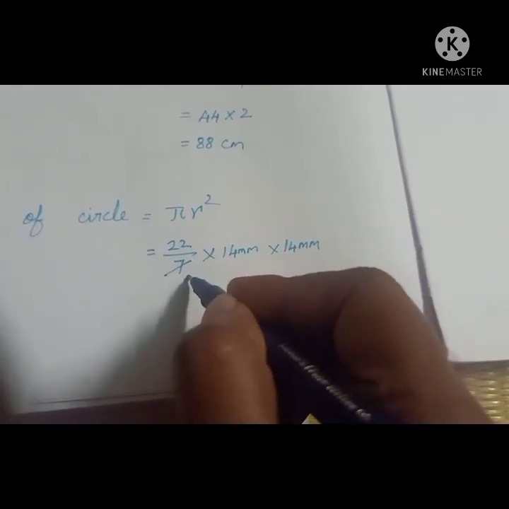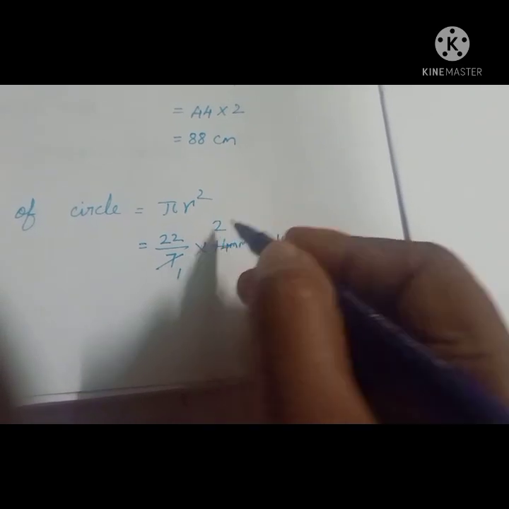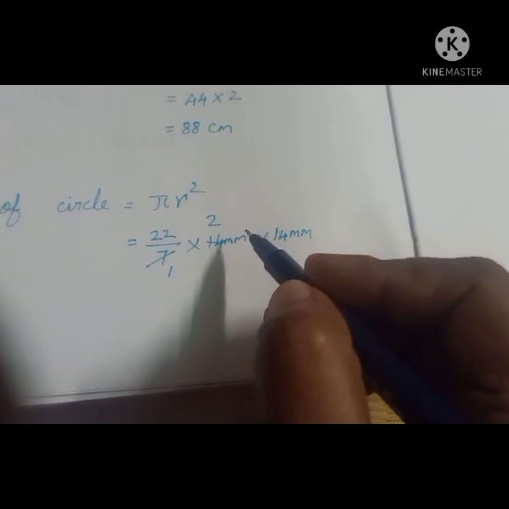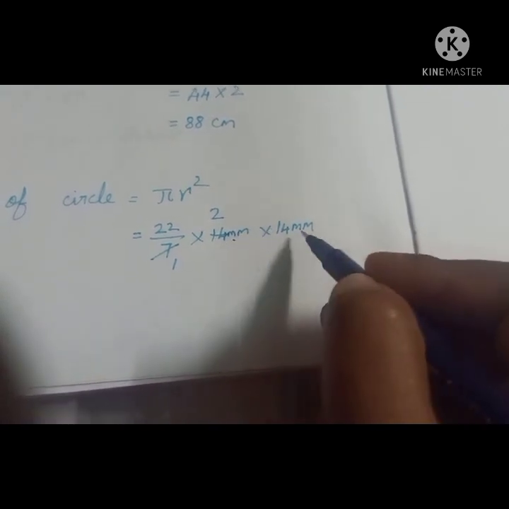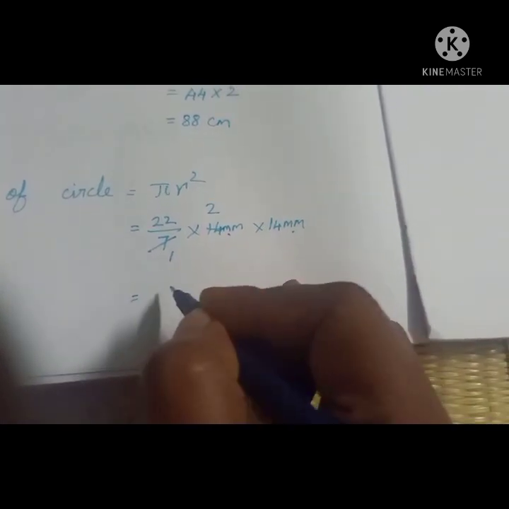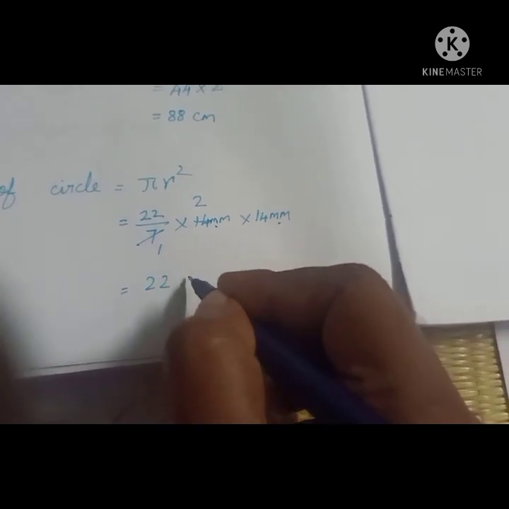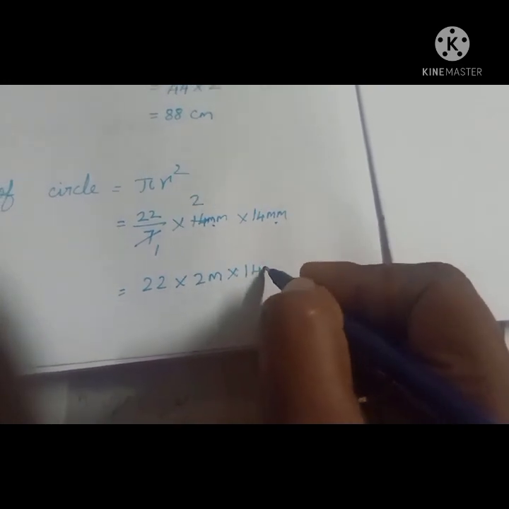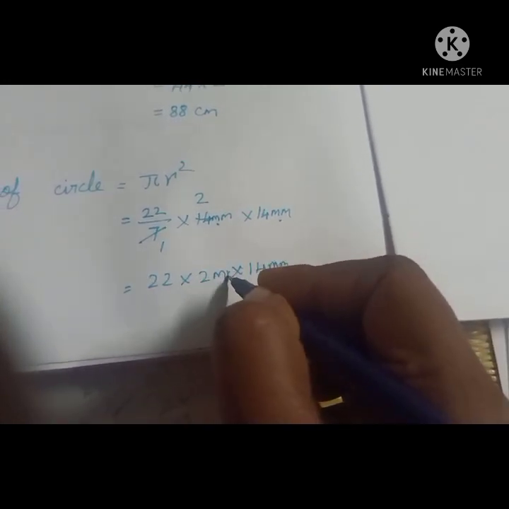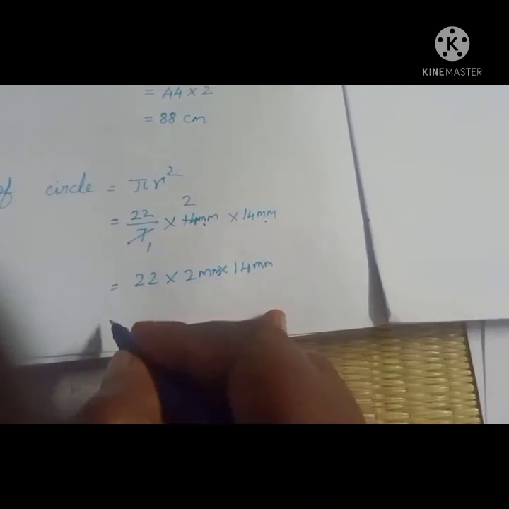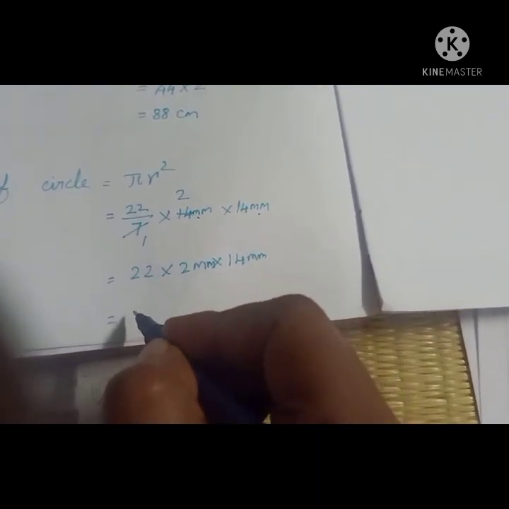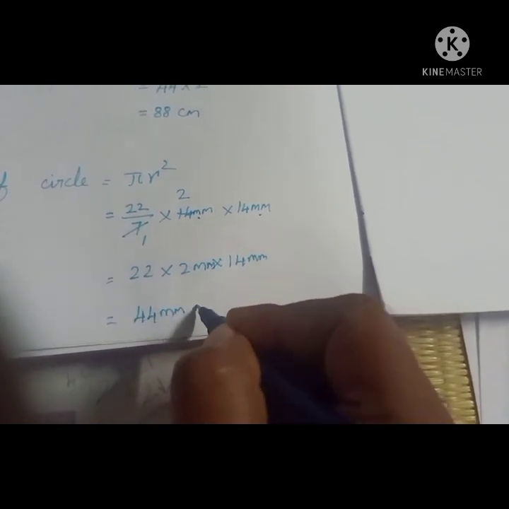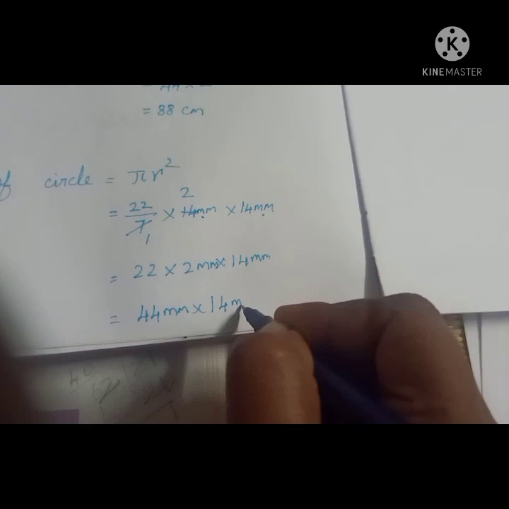So 7 ones are 7, 7 twos are 14. 7 twos are 14. So here we need to multiply millimeter into millimeter. So 22 into 2 millimeter into 14 millimeter. So 2 into 2, 22 into 2, 44 millimeter into 14 millimeter.